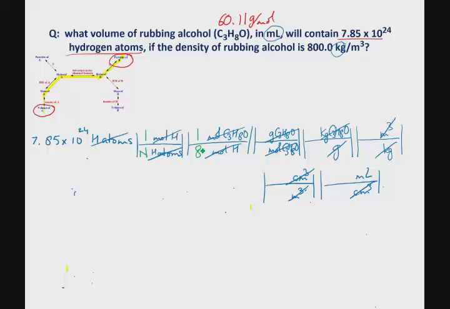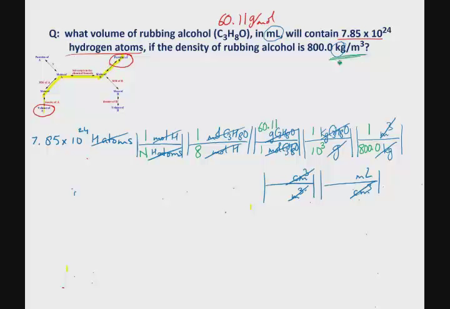From the molar mass of C3H8O, we know 1 mole of C3H8O has a mass of 60.11 grams. 1 kilogram is equal to 1000 grams. From the density, we know that 800.0 kilograms of C3H8O will have a volume of 1 meter cube. That's what kilograms per meter cube means.